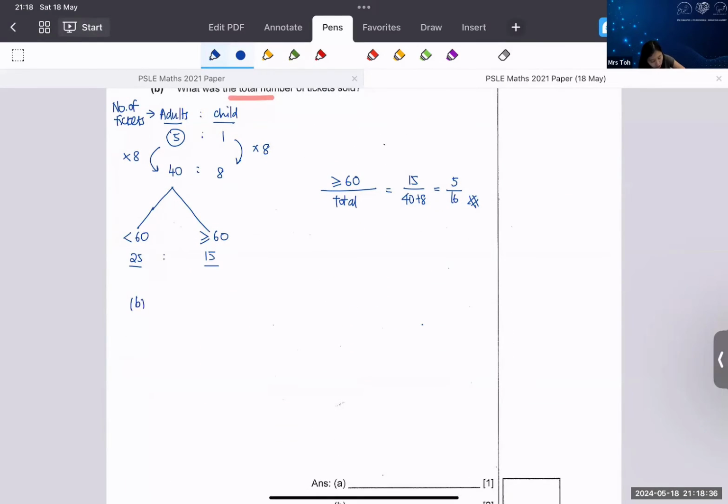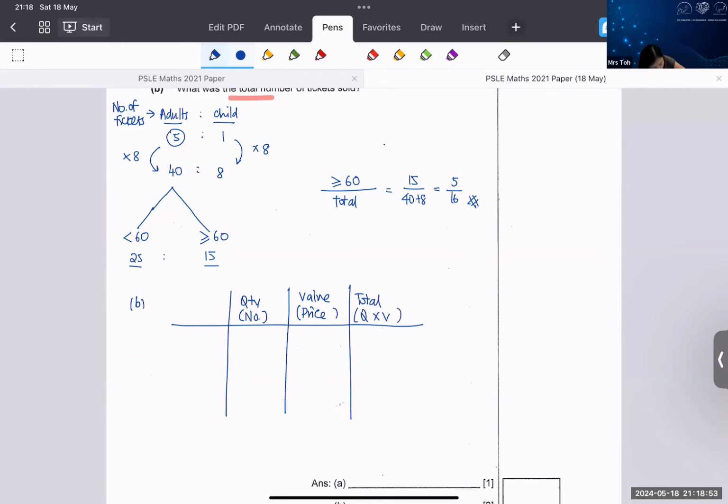Why? Because you know that it's quantity times value, you just need to have your quantity times value table. So number 1, you need the quantity, which is the number of units. Then the value, in this case, is the price of each ticket. And then the total value is quantity times value. How many groups of people are there? There are 3 groups, right?